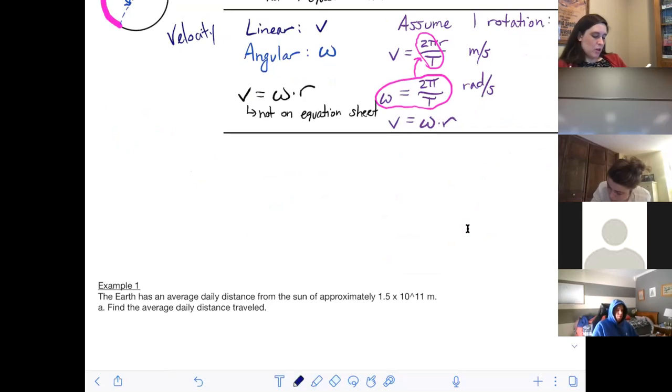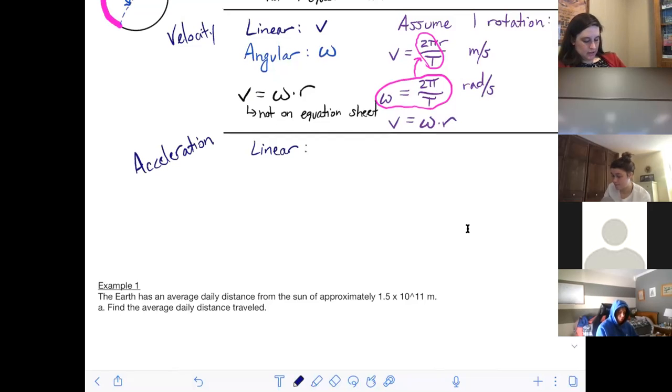And then the last one that we can relate is acceleration. For linear, we're talking about little a. For angular, we're talking about alpha.